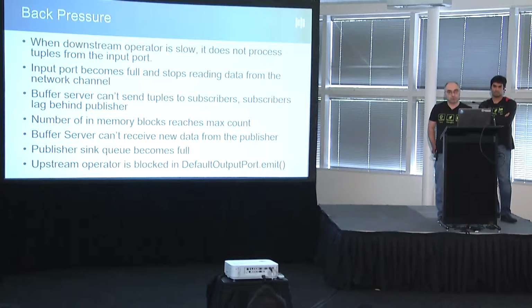The buffer server will stop reading from the network on the publisher side as well. Then the output port of the upstream operator will not be able to push data to the network. Its own queue becomes full, and the upstream operator is not able to emit on its own port, so it will slow down, and that's the way backpressure builds up.